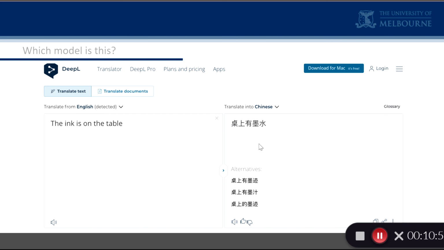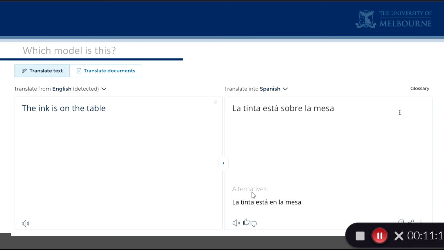And then we have the possibility of selecting between these alternatives. How do you know which of these to select? What, the first one because you trust the machine? Perhaps. But it might also be, given the situation, I think functionally I will trust this one or this one or this one. Okay? I'll do the same thing in Spanish. If you bring up that in Spanish, you get La tinta está sobre la mesa, word for word literalism.